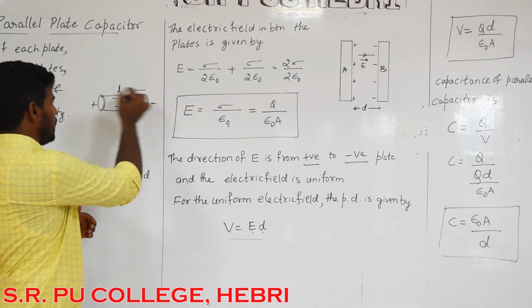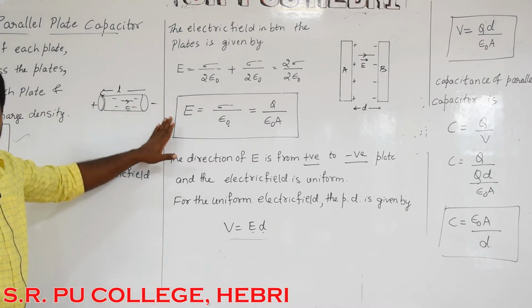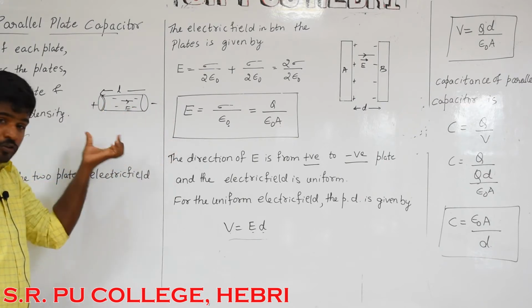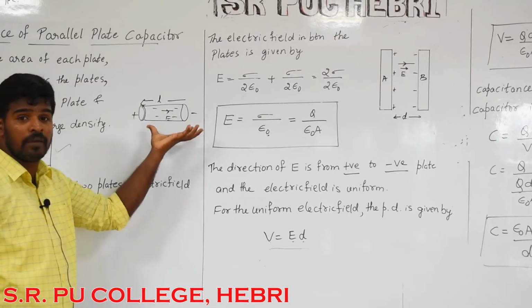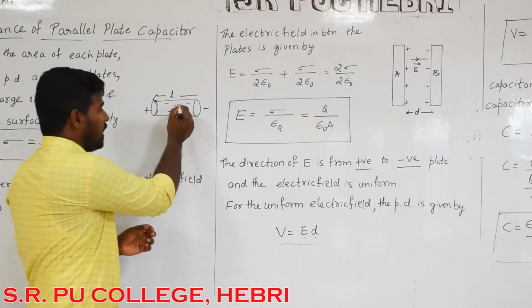Let L be the length of the conductor. The conductor in which we apply the external potential: to the two ends of the conductor we have connected a battery and given a potential. Thus inside the conductor there is a presence of an electric field.